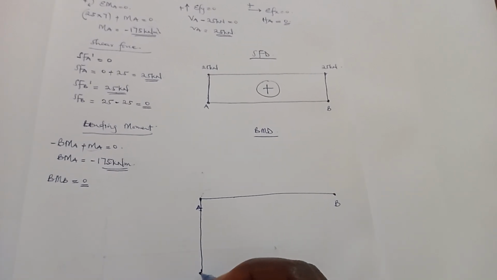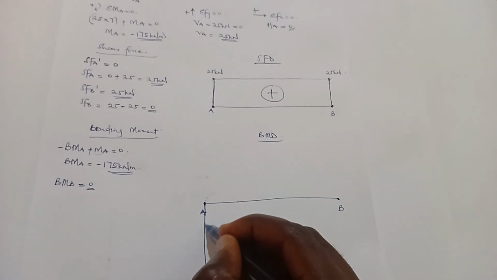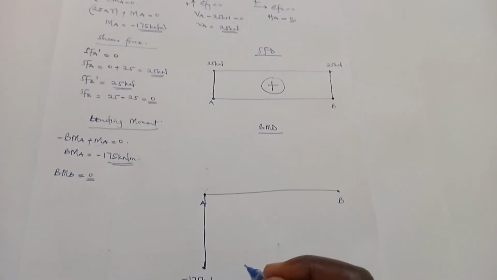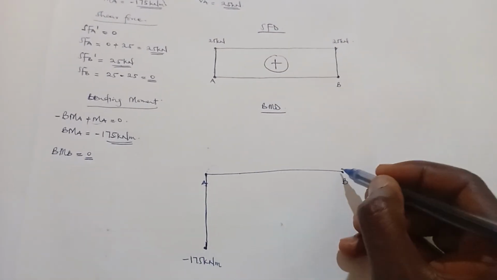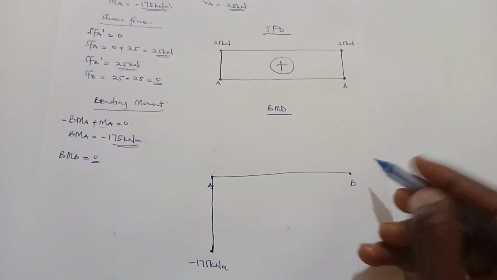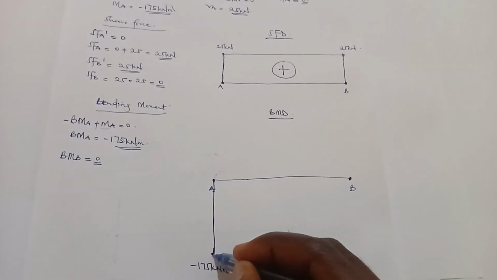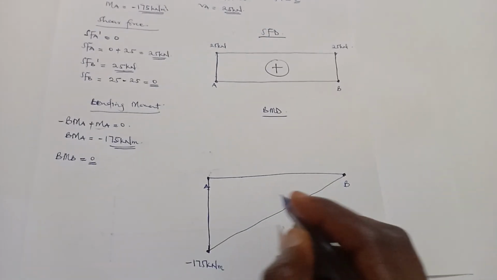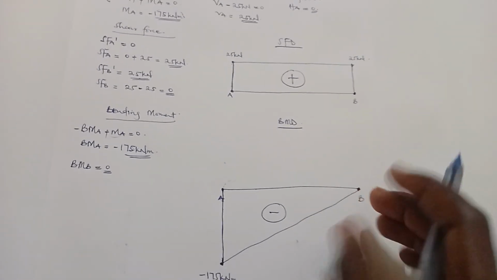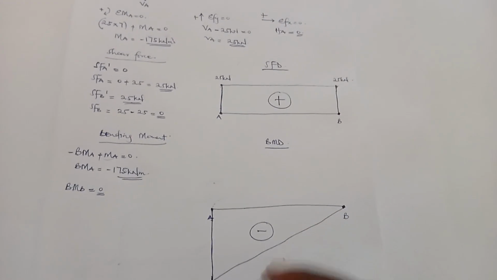So connect the two. So this is negative 175. Then bending moment at B is 0. So we'll move to 0. So this is the bending moment diagram for the cantilever being shown, and it's negative.